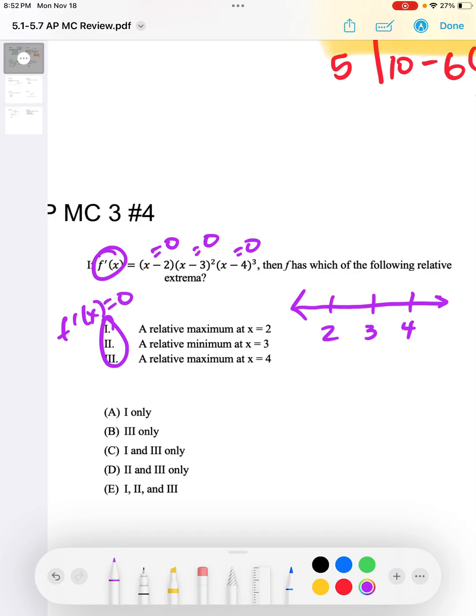And then we're going to plug in some test points. Again, I don't care what the values are. I just care about what the signs are. So I'm going to start with the easy one, in my opinion, 0, something less than 2. So 0 plugged into this derivative, 0 minus 2 is negative. 0 minus 3 squared is a negative squared, which is going to make it positive.